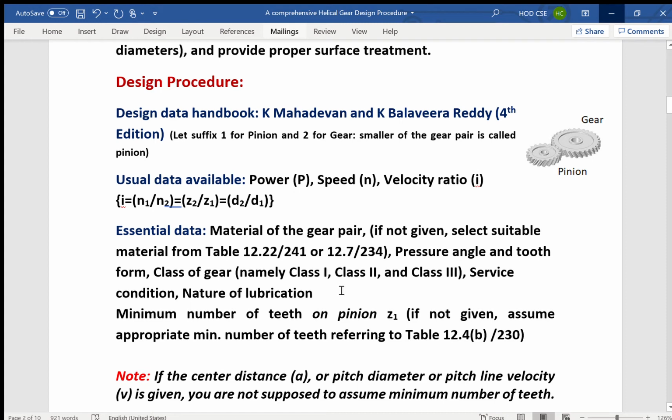Service condition gives the service factor Cs, and Cw is the wear and lubrication factor. So from the nature of lubrication we can obtain Cw. And minimum number of teeth on pinion Z1. If not given, assume a minimum number of teeth referring to table 12.4b, page 230.